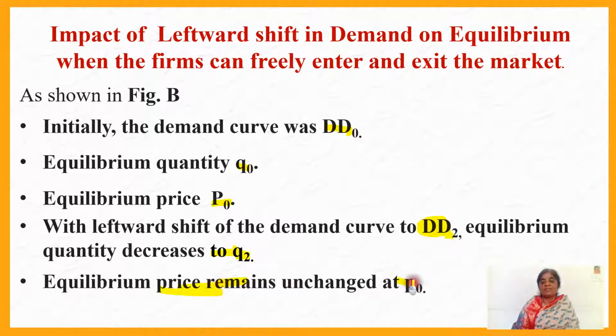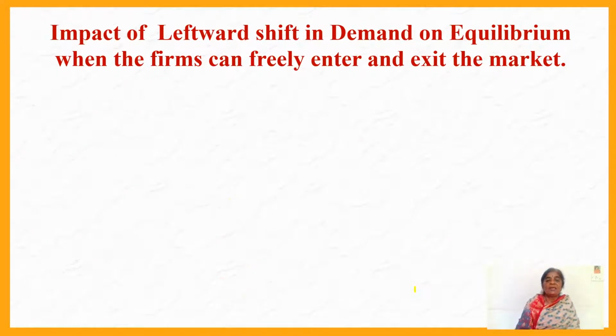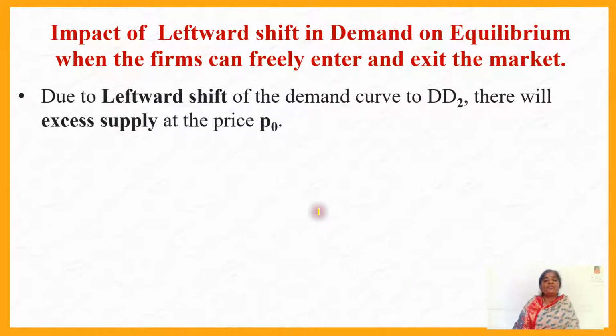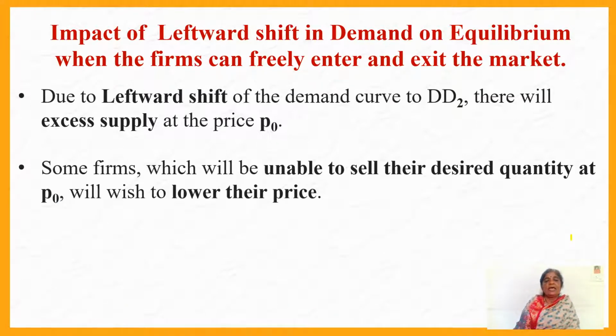It remains at P0 only, the initial price. And due to the leftward shift of the demand curve to DD2, there will be excess supply at P0. Yes, we have discussed the demand shift even with a fixed number of firms. When there is a leftward shift, what will happen? Demand decreases. That situation is called excess supply at the initial price P0.